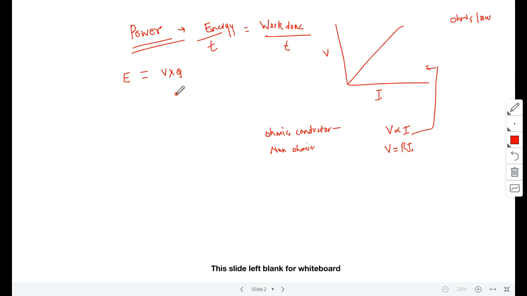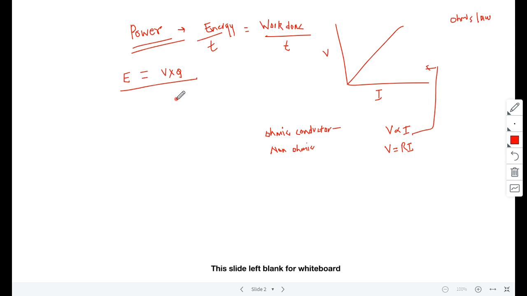That's correct. In an electric circuit, how much energy is transferred you can calculate by multiplying these two variables.